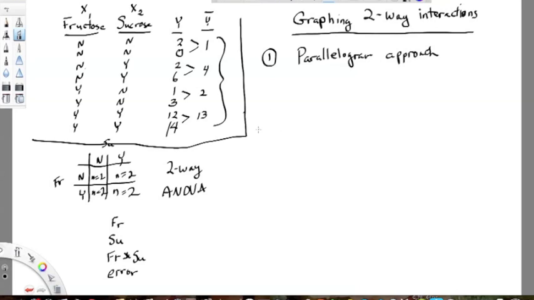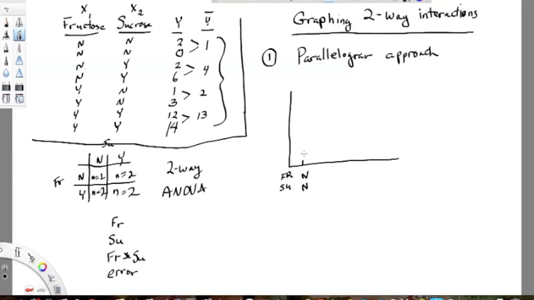And the parallelogram approach works especially in a case like this, where you have 2 factors and you have a no or a yes or an absence or a presence of something. And so we can actually make our x-axis reflect the addition of a factor to the medium.